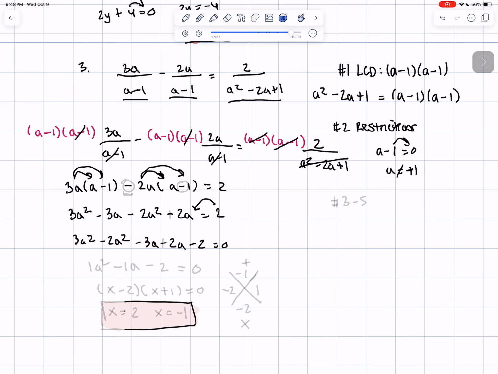Well, let me make sure of something. Did I do this right? No. What happens here? Right here we have a negative times a negative, so that means this has to be plus 2a, plus 2a, because a negative here times a negative here has to be positive. What about here? We're fine.